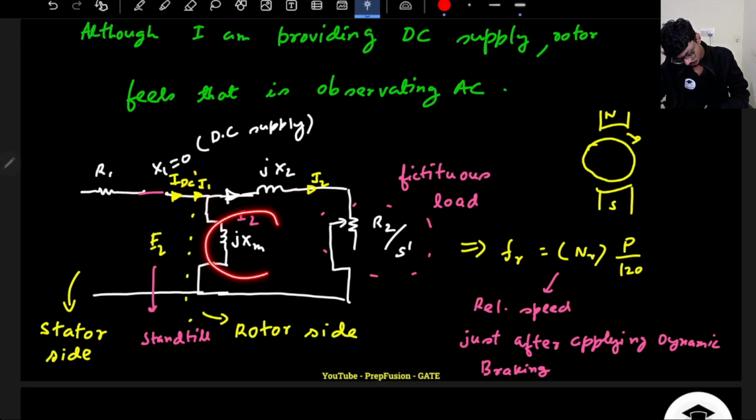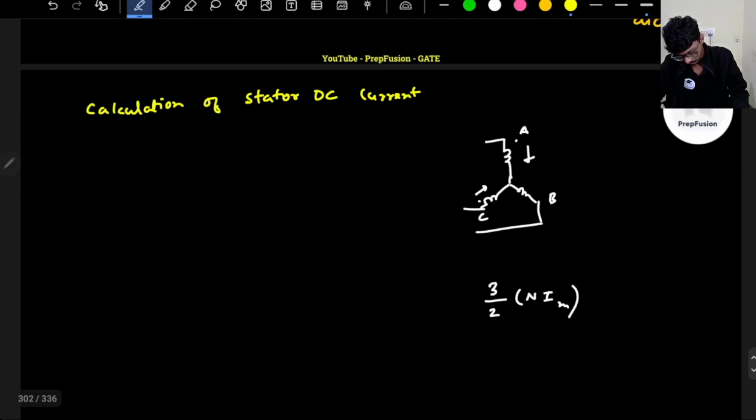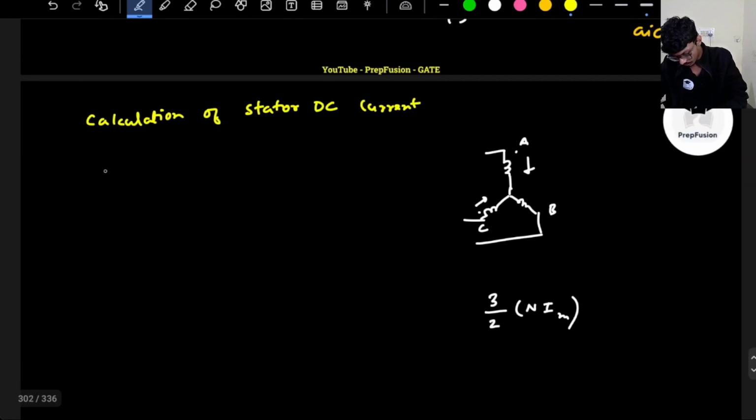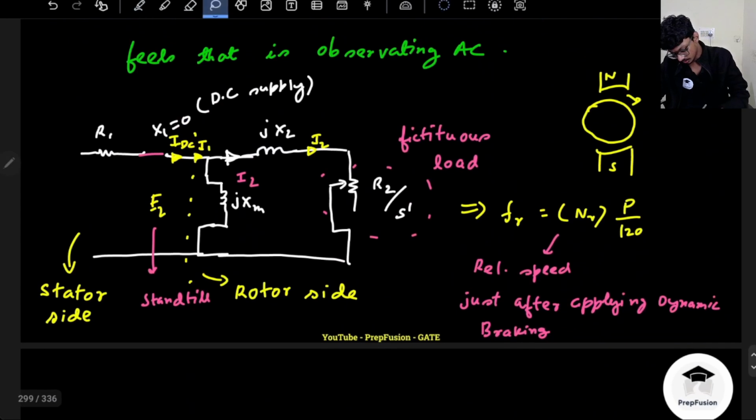So roughly, if you neglect this XM, I1 will be equal to I2. Roughly, if I neglect this XM, I1 will be equal to I2. So here, if I copy this circuit, a lot of things are hidden in this circuit. Just be careful regarding that.